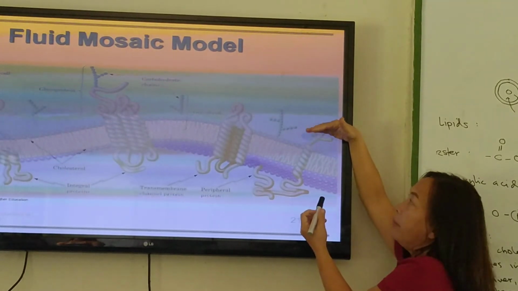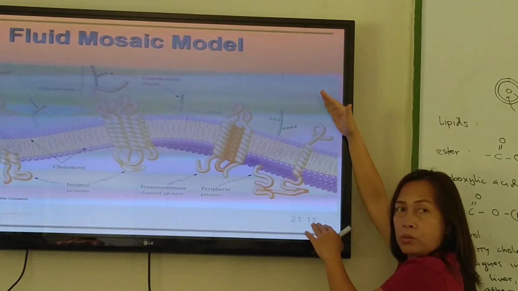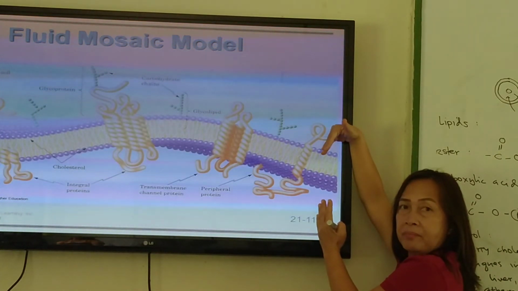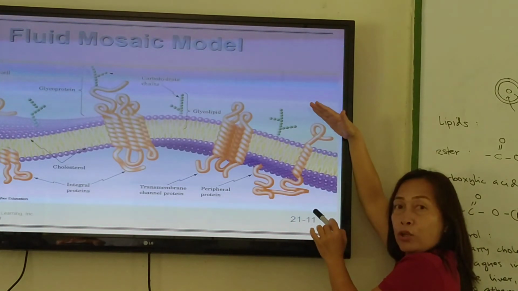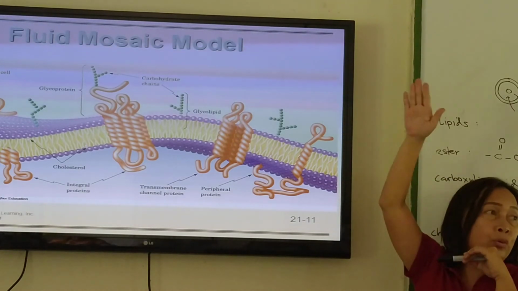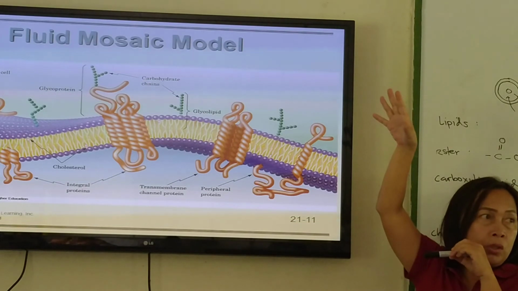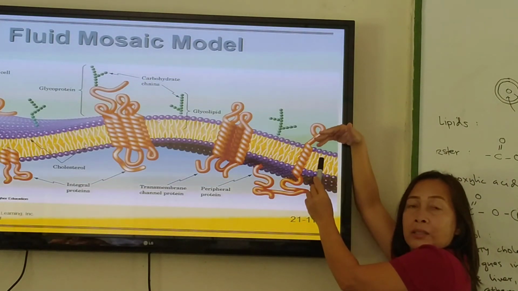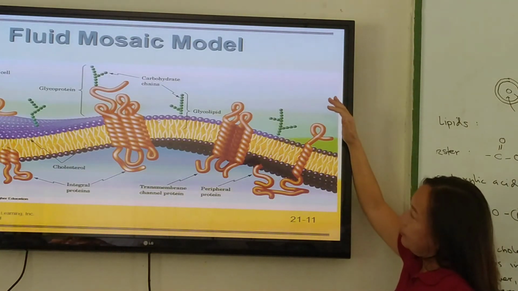Remember, this is watery here, aqueous. Inside is also aqueous. Remember, lipids are insoluble, they are hydrophobic. They have to be away from the aqueous environment.